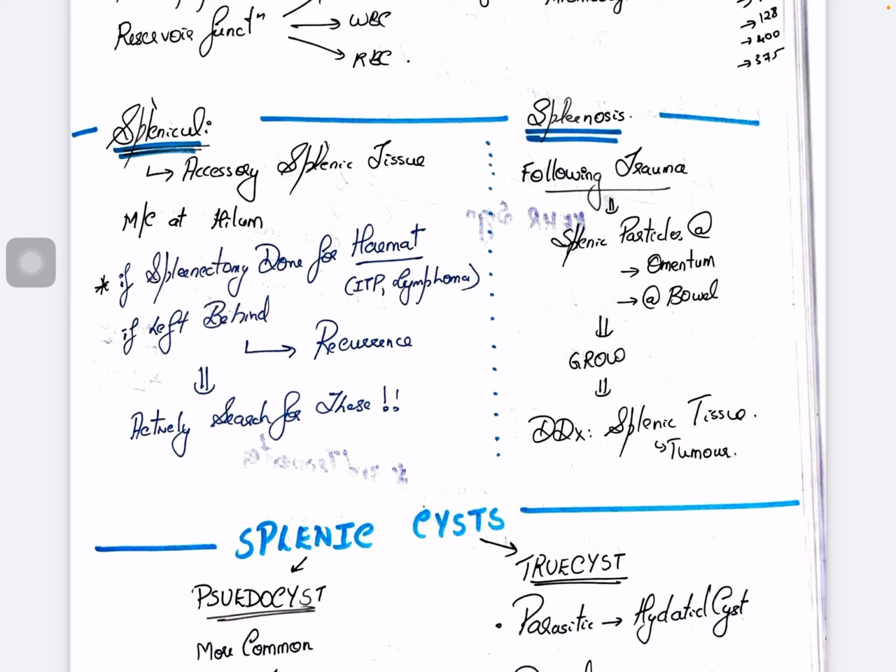And if splenectomy is done for indications such as hematological conditions like ITP, lymphomas, malignancies, it is very important to do exploratory surgery to actively search for any accessory splenic tissue, and a very close differential diagnosis will be.